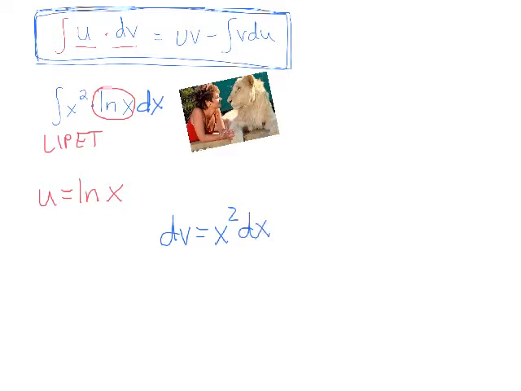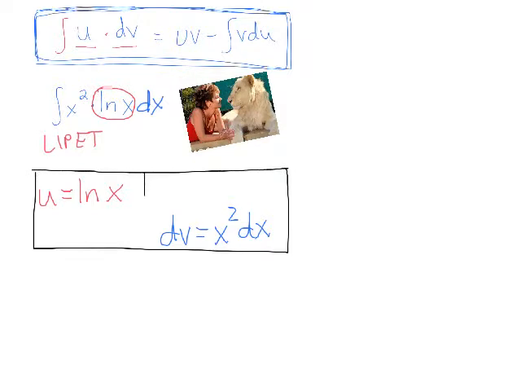And from this, we want to create a table of derivatives and integrals. If I take the derivative of my u, I get du equals 1 over x dx.